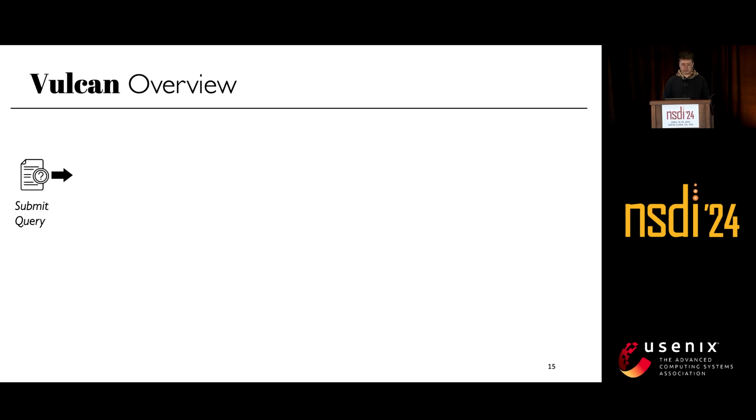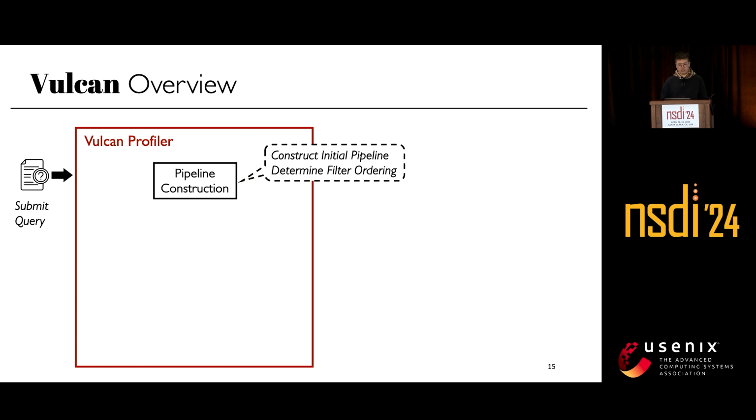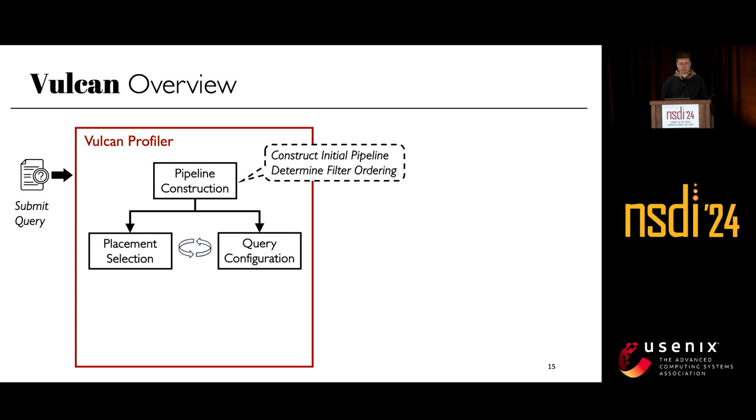When a user submits a query, Vulcan Profiler parses its content and starts its pipeline construction phase. It first constructs the initial pipeline, followed by determining the correct filter ordering. Based on the constructed pipeline, it then performs joint optimization for placement and configuration by exploring a set of promising configuration knobs for each feasible placement choice.